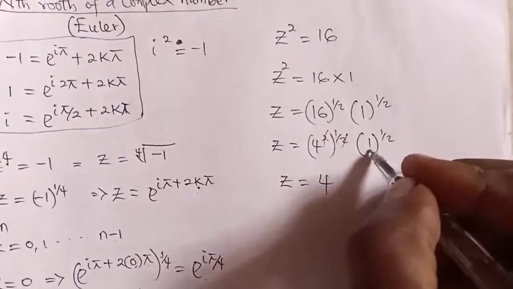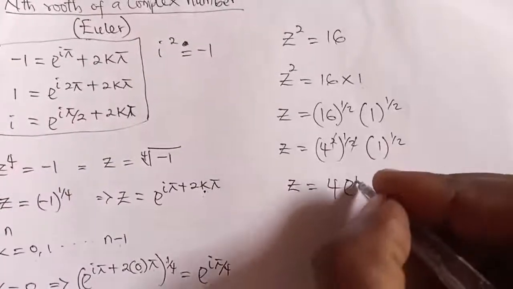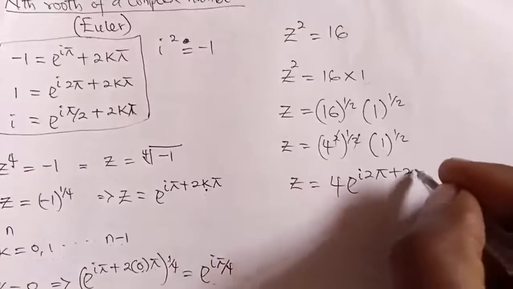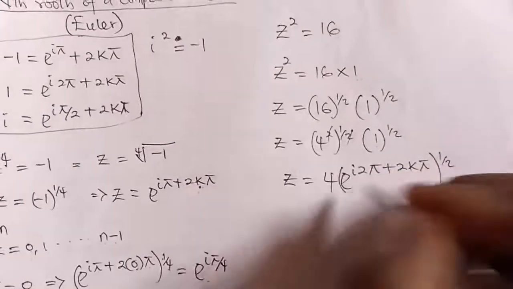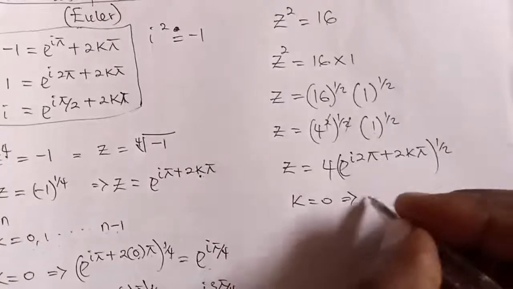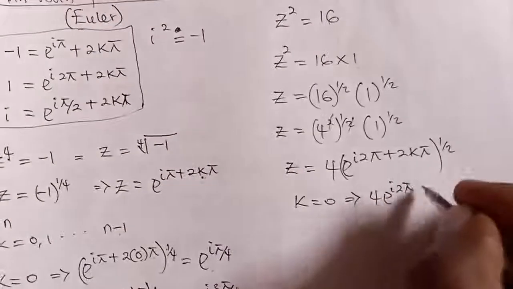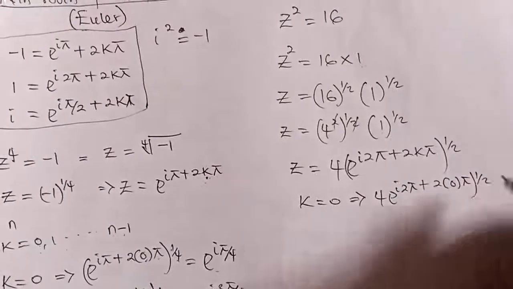Instead of writing 1, we can replace it with its exponential form, which is e to the i 2 pi plus 2k pi, then to the power 1 over 2. So now that we've gotten here, when k is 0, it is giving us 4 e to the i 2 pi plus 2 into 0 pi, raised to power 1 over 2.